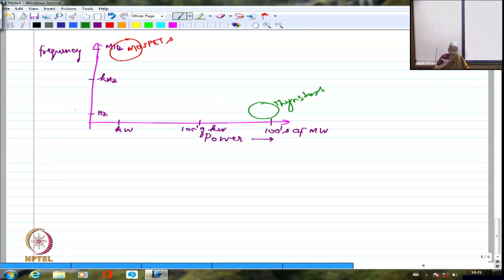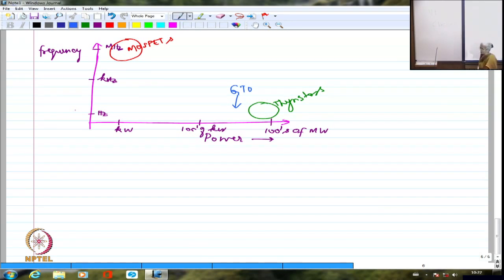Right? If I look at a little less than hundreds of megawatts, somewhere here, and at a slightly higher frequency, approximately in this region GTOs are used. Gate turn-off thyristors can be used for slightly higher frequency than thyristors, but they can also be used at a little lower power level.